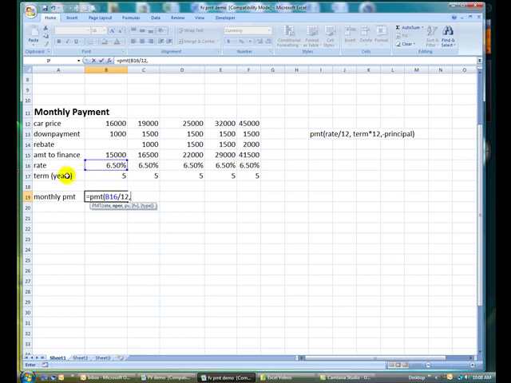The term in this example is 5 years, which is in cell B17. And again, because I want to make this a monthly payment, I have to multiply B17 by 12. So I type in the asterisk and the number 12. I put the comma here, and my third argument is the present value or the principal.